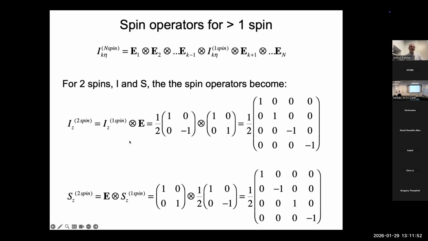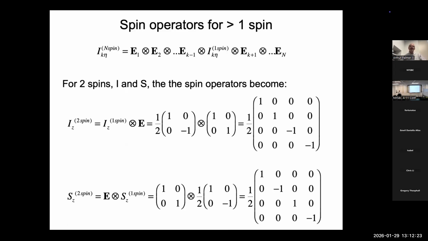It means then if I write down an operator IZ, the matrices are different if I'm talking about 1 spin or 2 spins or 3 spins. When I was just talking about 1 spin, the matrices were 2 by 2. Now when I'm talking about 2 spins, you can see that they're 4 by 4.